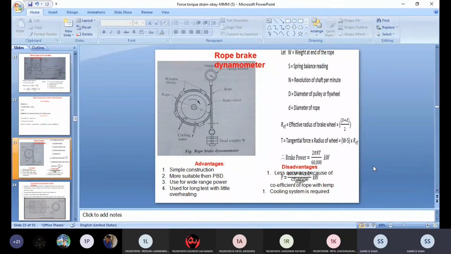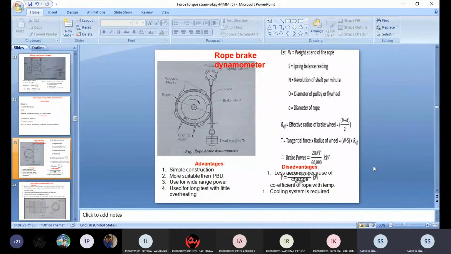Now, the range of the rope brake dynamometer is from 75 to 36,800 watt. You have to remember that, and up to 4,000 RPM speed it is very easy to use. So you have to remember the range and the speed. Definitely there are some advantages.